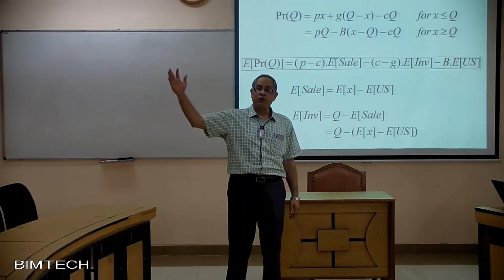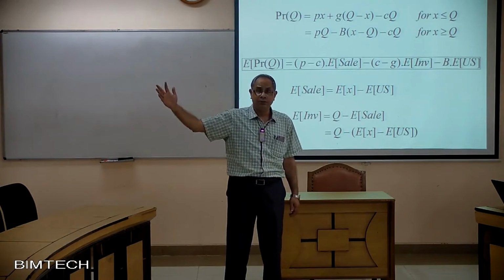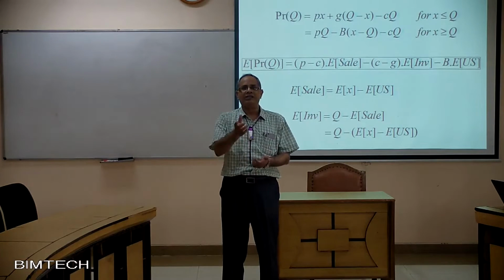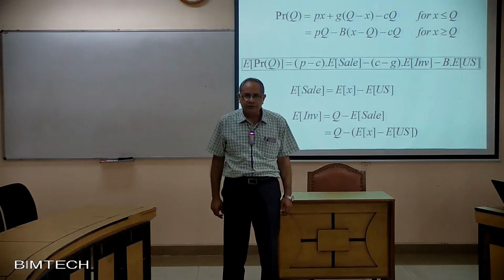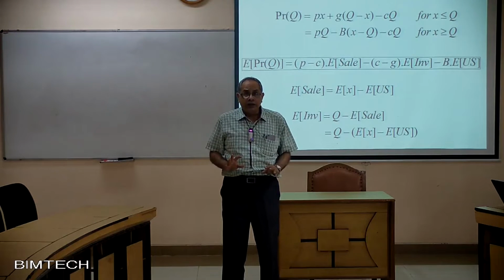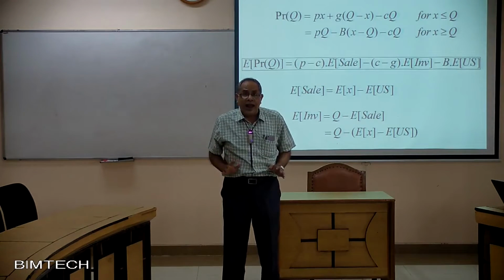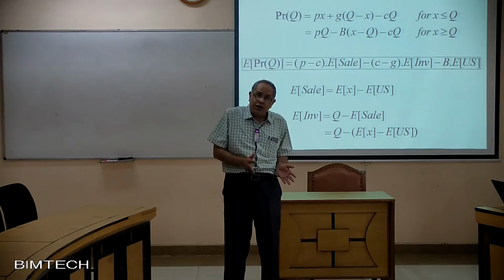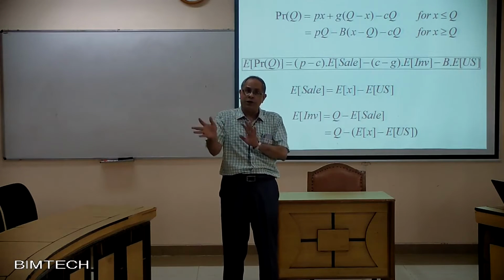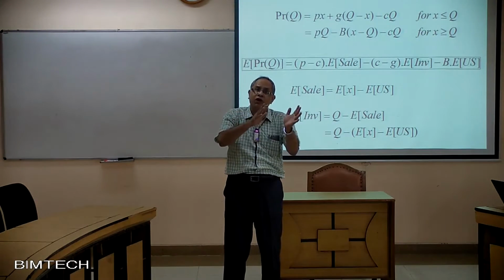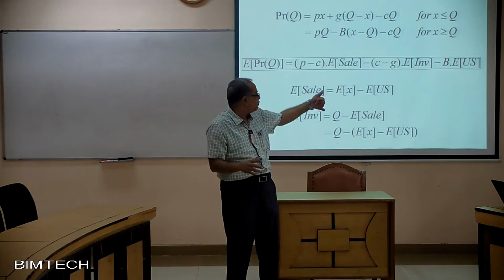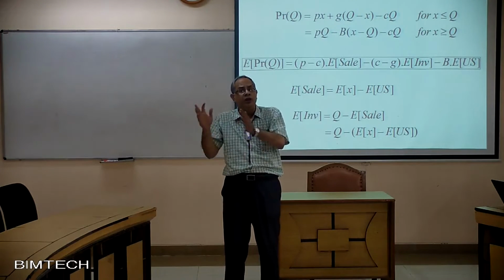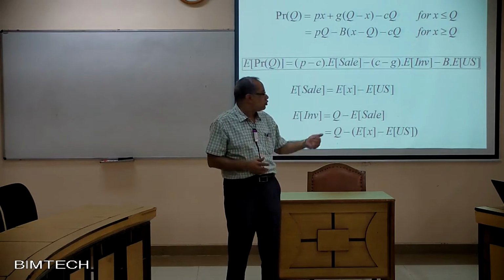But when we do a calculation of the sum product between units short and the probability, we are obviously going to get some value for expected units short. But at the same time, for the same set of demand and the order quantity, there are going to be occasions when the order quantity is going to exceed the demand. So there are two possibilities. There are cases when the order quantity is going to be less than the demand, for which we have the last term, expected units short, and then there are occasions when the order quantity is going to be more than the demand, for which we have the second term.